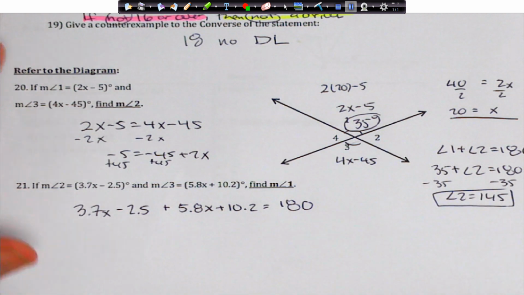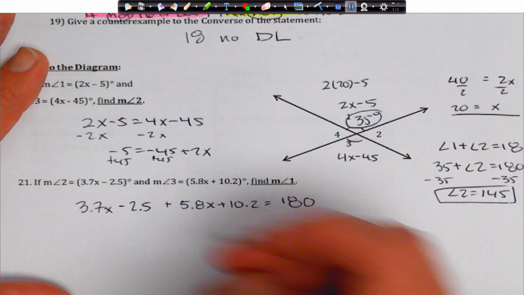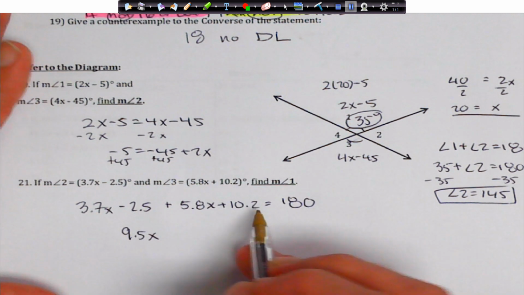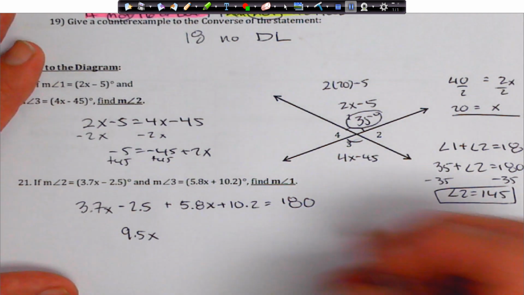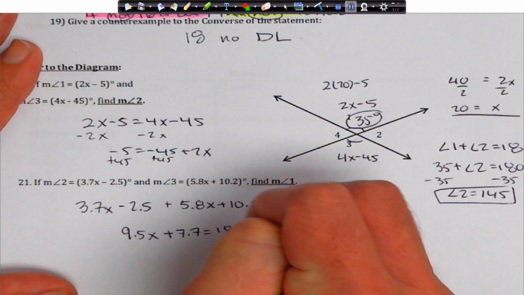So we combine like terms: 3.7 plus 5.8 gives me 9.5x, and then negative 2.5 and 10.2 is going to give me positive 7.7, equals 180.